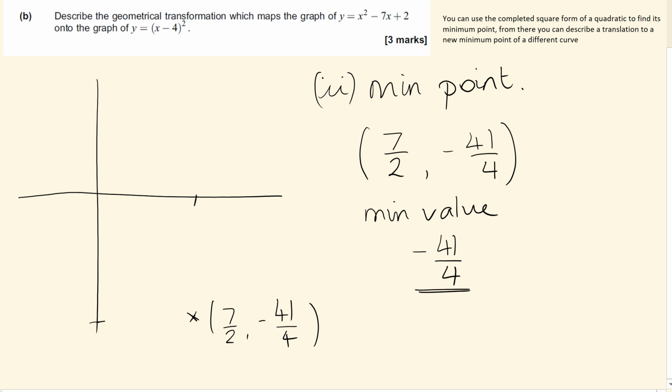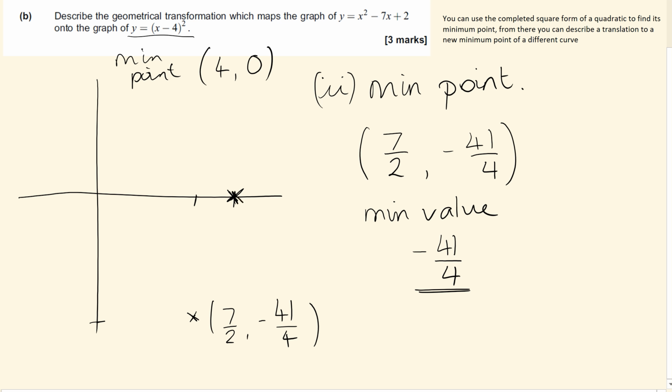Now, we're looking for when it's going to be translated onto this graph. This graph has got a minimum point of 4, 0. So the minimum point of this graph is 4 along, a little bit further along here, but nothing up.